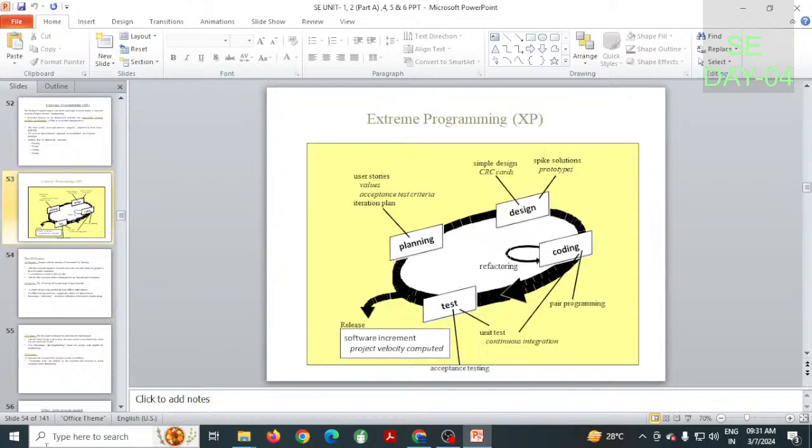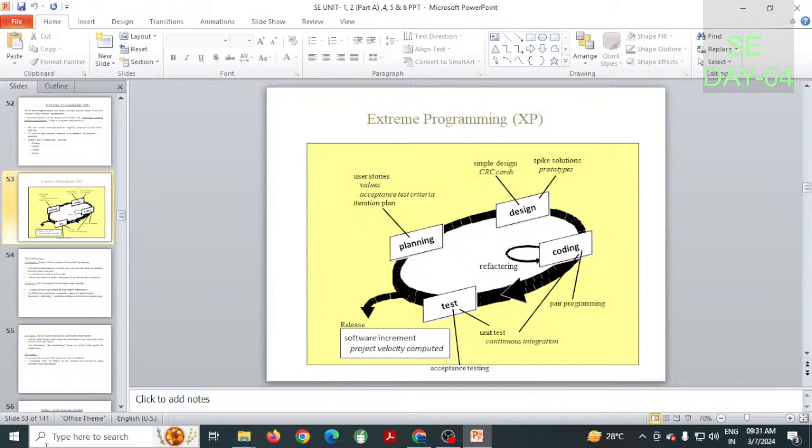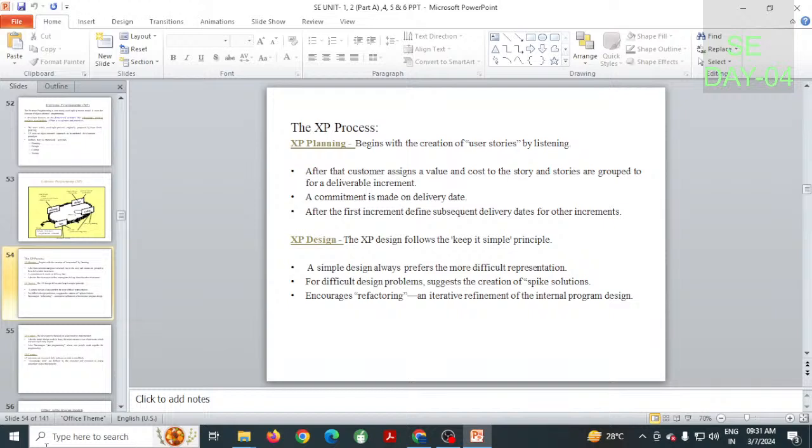Now, coming to the first framework activity in extreme programming, that is planning. Here is the representation of XP planning. This activity begins with the creation of user stories, in the listening mode.